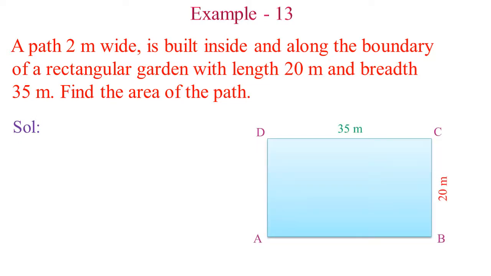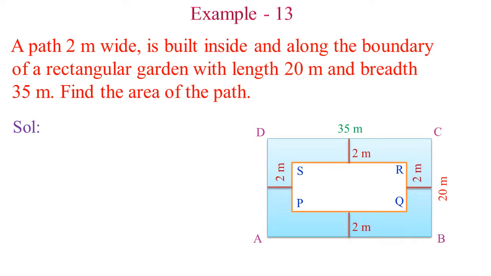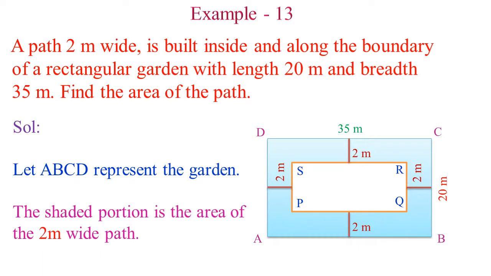First, draw one rectangle ABCD, length 35 meter, breadth 20 meter, and also draw the inside rectangle PQRS and mention the path 2 meter wide on 4 sides. Let ABCD represent the garden. The shaded portion is the area of the 2 meter wide path.